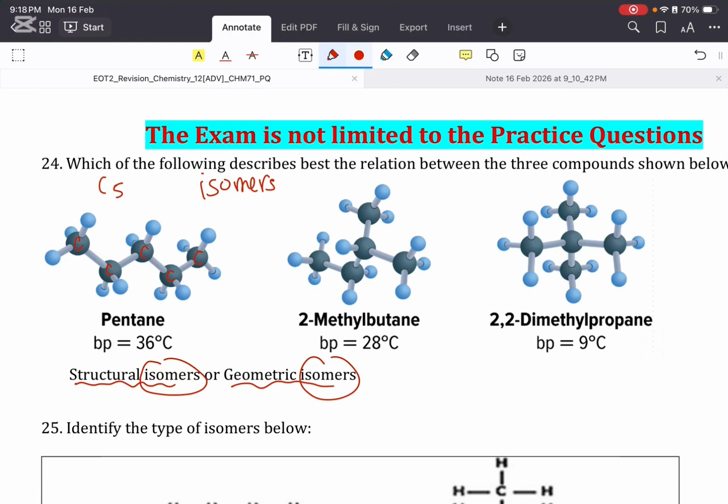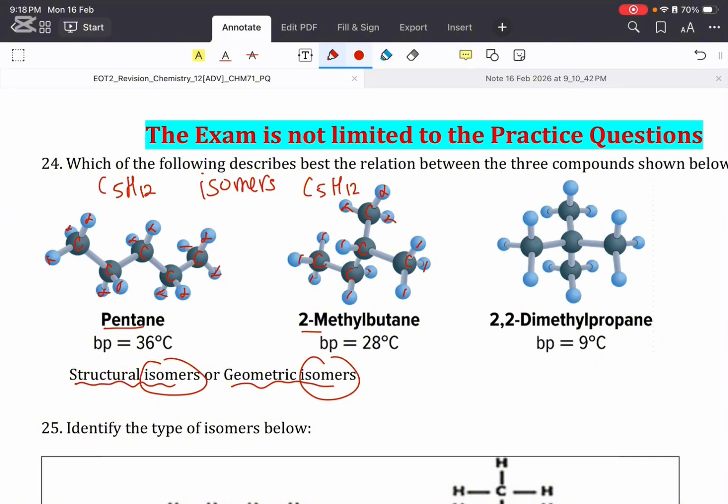Always count the carbons and the hydrogens. 1, 2, 3, 4, 5, 6, and 7, 8, 9, 10, 11, and 12 hydrogens. Now looking at this one, 1, 2, 3, 4, and 5 carbons. Again, 12 hydrogens.